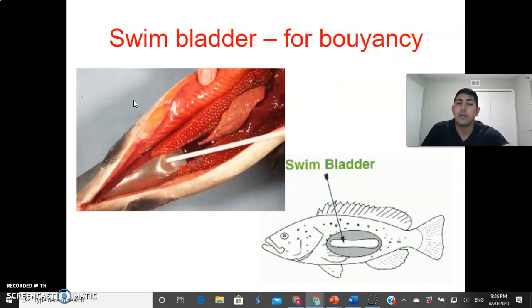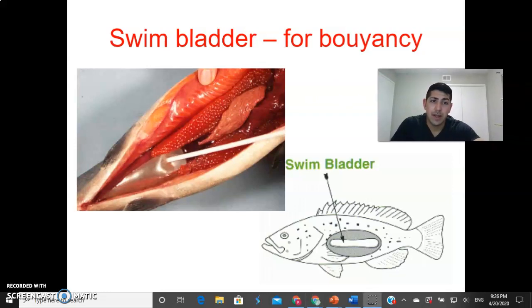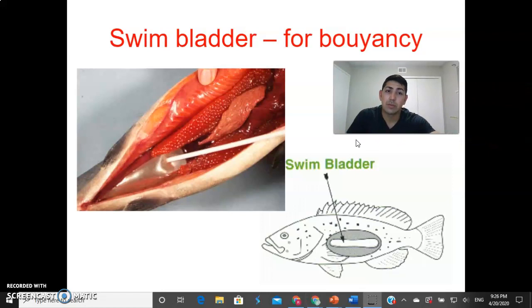One really unique thing about the swim bladder is that when fishermen are going for fish and they're bringing up a fish from a really deep depth, because you're changing the depth of the fish very rapidly as you're reeling the fish in, this swim bladder can expand, and if it's a fish that's not of proper length for them to keep, they have to release it, because there are bag limits, and we'll be talking about these bag limits when we go over sport fishing during this unit.